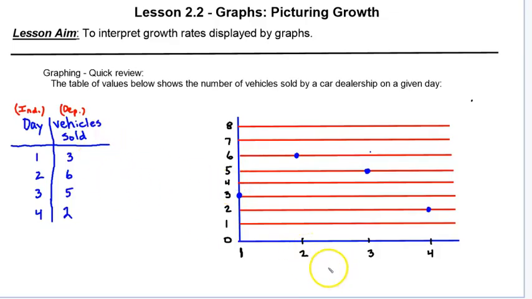So I'm going to put the day along the horizontal axis, the x coordinates, and then number of vehicles sold along the vertical axis, to identify what these numbers represent. Alright, so just a quick review of graphing, and as we're going to see on the next slide, this is actually a type of graph called a scatter plot.